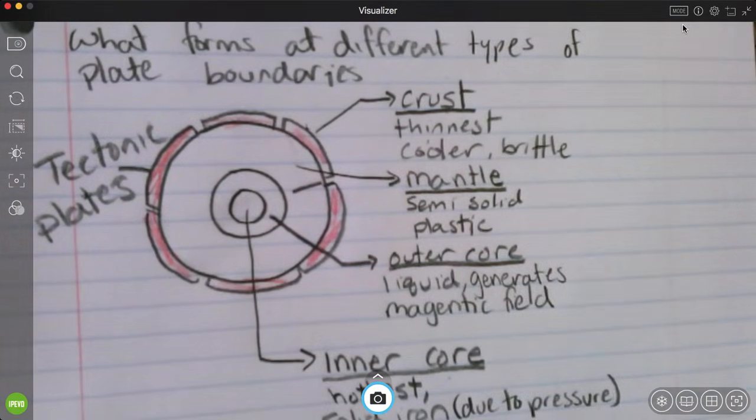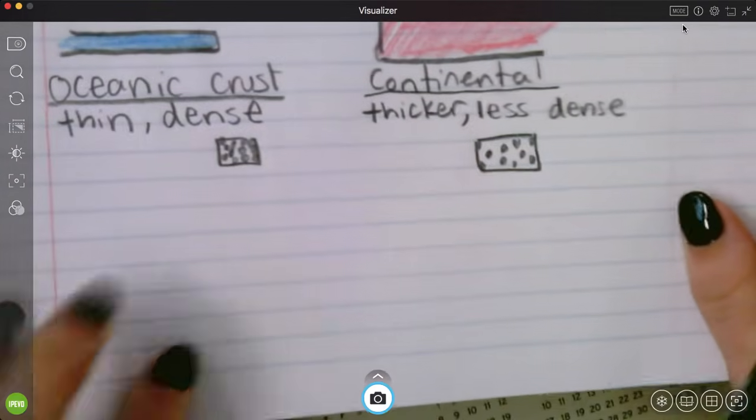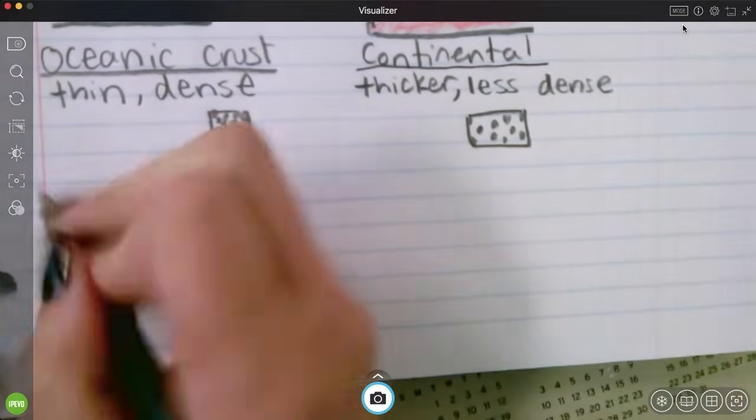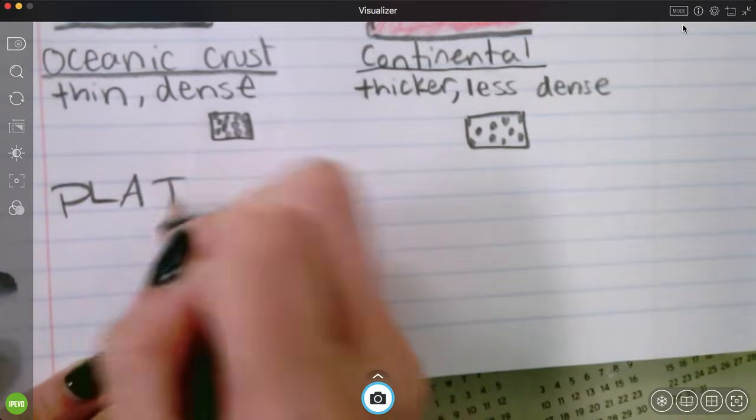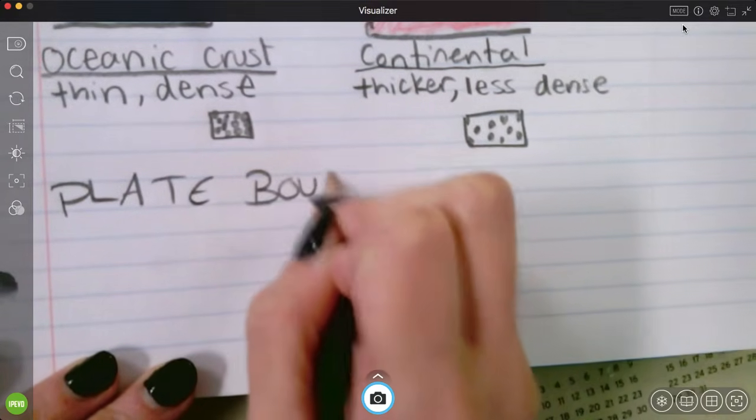We talked about Wegener and how he knew that the continents moved around, but we couldn't figure out how he knew that, or how it happened. We're going to talk about what happens when these plates move around, and then we'll talk about how we know how they move around. All right. So we have what are called plate boundaries.